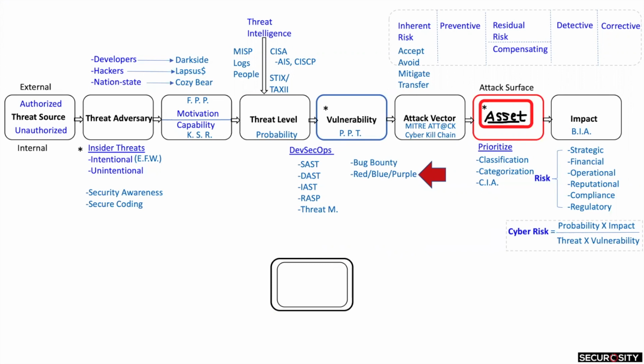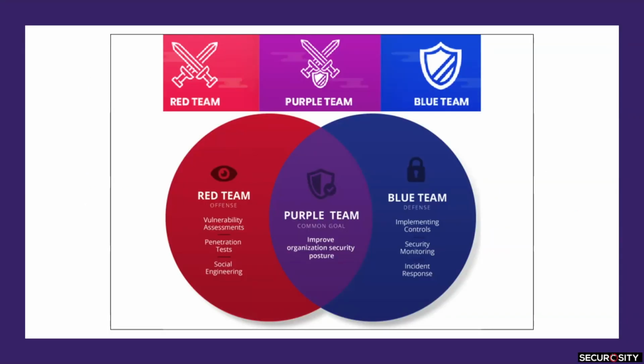Next, red-blue teaming exercises can help identify vulnerabilities and strengthen our security operations. Establishing red, blue, and purple teams may not be practical or feasible, depending on an organization's maturity level, resources, and skills. Red team.